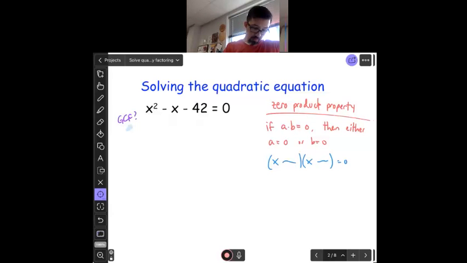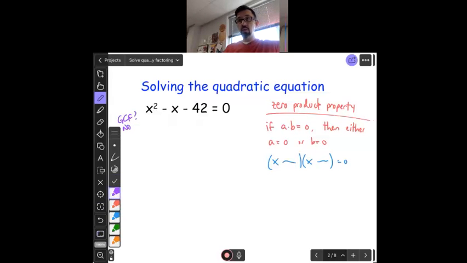So no GCF, okay? Well, then from there we went to how many terms there were, right? 4 terms meant we could do grouping, and then 3, or 2 sometimes, meant we could do AC method. Okay, but we got 3 terms, so since there's no GCF, we're going to go to the AC method.